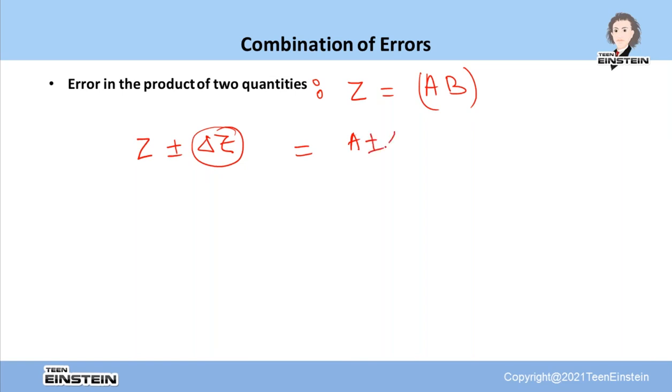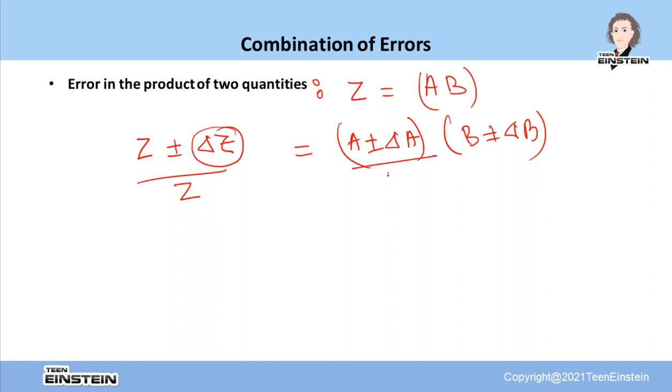I have a plus or minus delta a. Similarly, I have b plus or minus delta b. Look what I'll do here. I'll just divide this side with z.